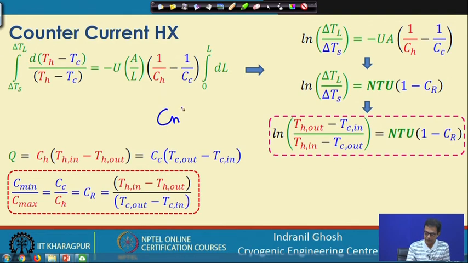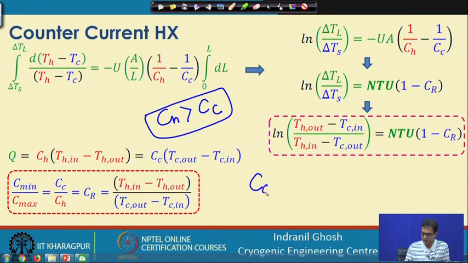So, this is the case C_H is greater than C_C, which we have discussed in that earlier case. And now, what is the minimum capacity fluid? C_C is the minimum capacity fluid. If C_C is the minimum capacity fluid, we have taken that out, and with the change in sign, it becomes NTU. Let us look how.